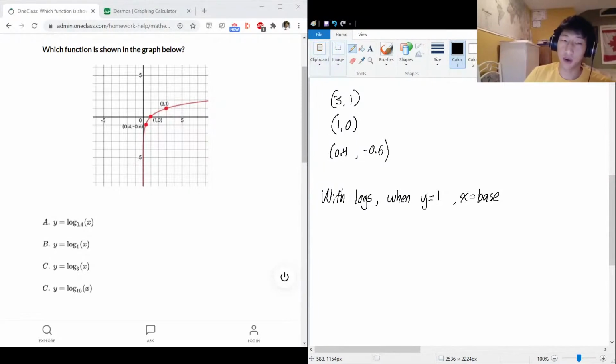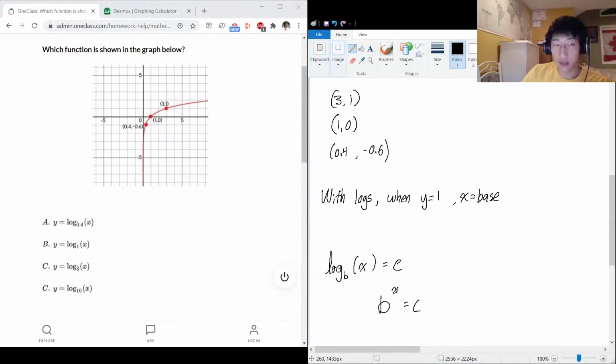Well, let's first think about what logs even mean, right? So we have log base b of x equals, let's say, c. Basically, it's saying b to the power of c is equal to x, meaning that we're basically looking for the power here.